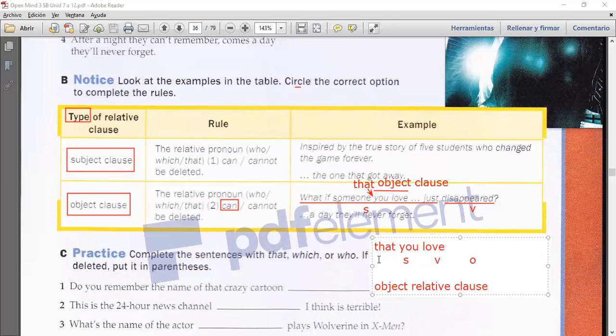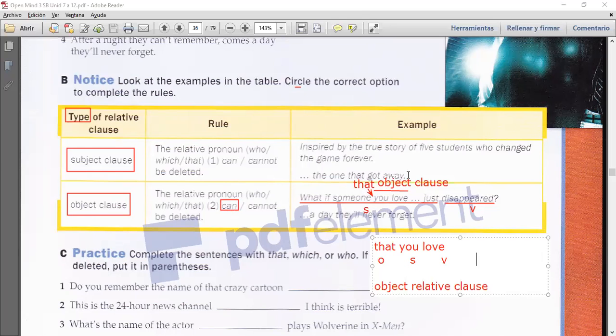And here it's gonna be as an object. What if someone that you love just disappear? Okay, this is called relative clause, introduced in the main sentence. As it is an object relative pronoun, it can be deleted. It can be eliminated.